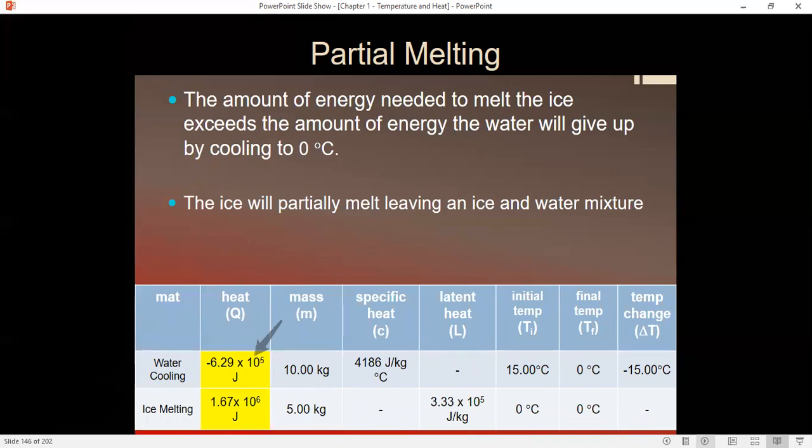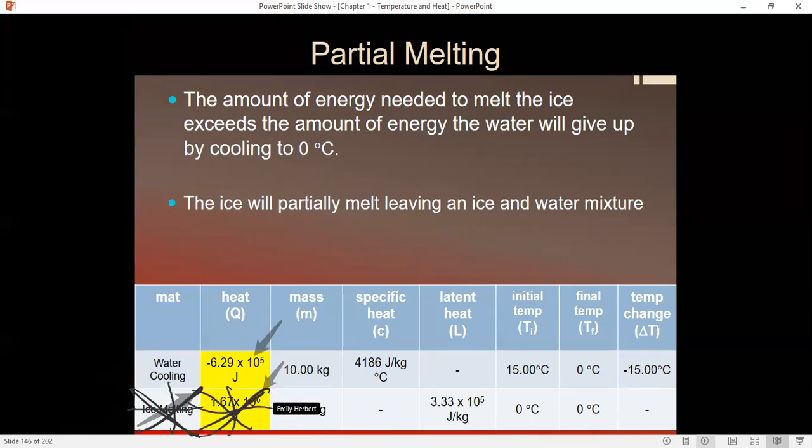To melt all the ice, however, it takes more energy. It takes 1.67 million joules to melt all the ice. So what does this tell me? Okay, the water can't give up enough energy to melt all the ice. So this process, okay, all the ice melting is not going to happen.